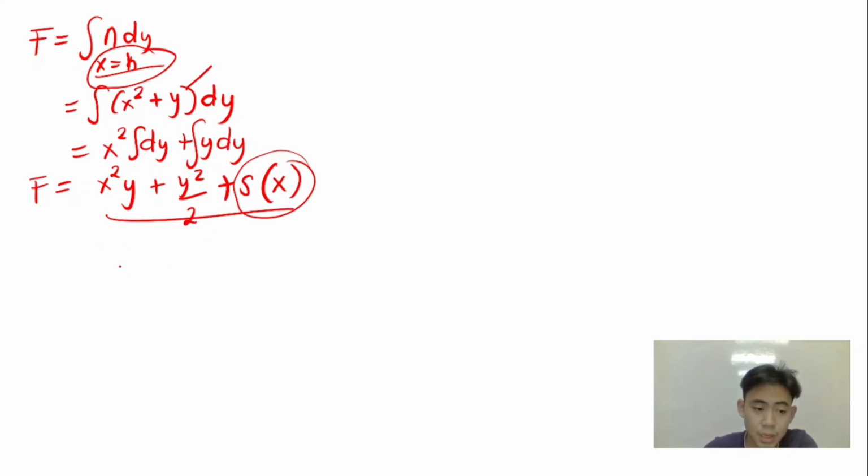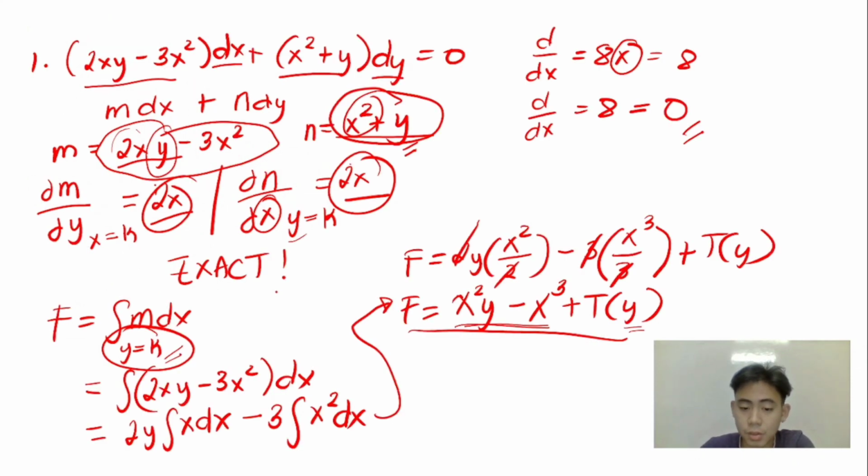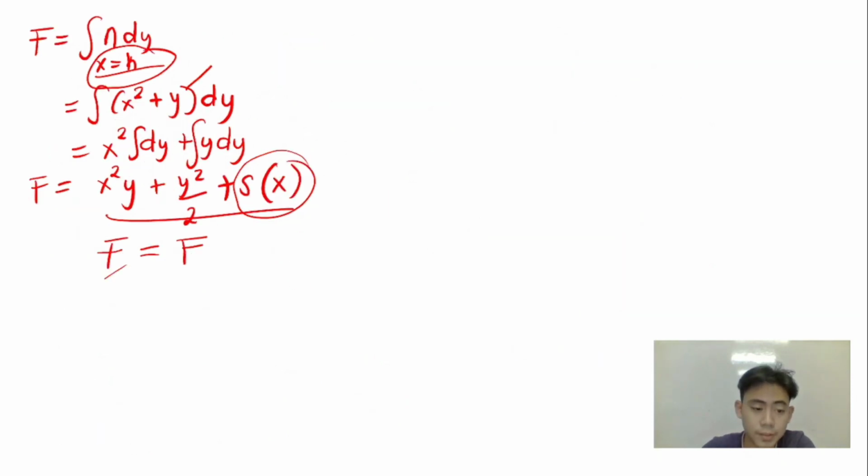Now, after nyan, isi-set natin na f is equals to f. Pares lang kasi yan f, di ba mga lods? So, f is equals to f. Therefore, ang first f natin is, ano nga ba first f natin? So, ang first f natin is x squared. Ito yun ha. Ito yun. So, x squared y minus x cubed plus t of y is equal.